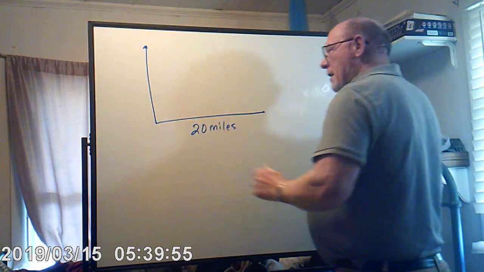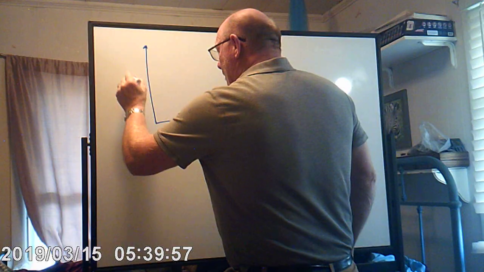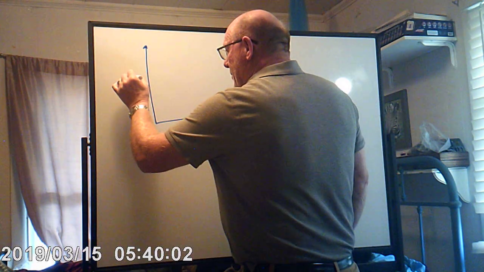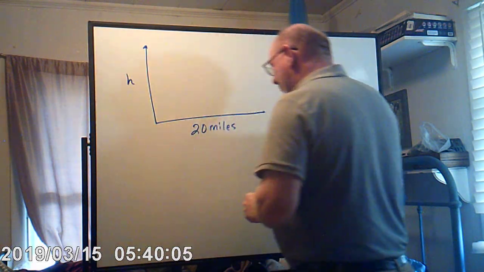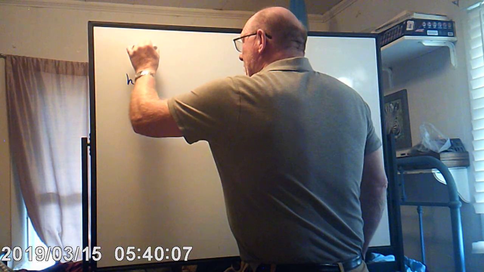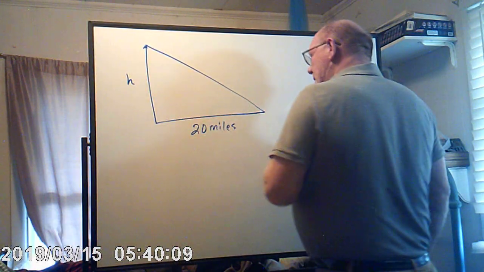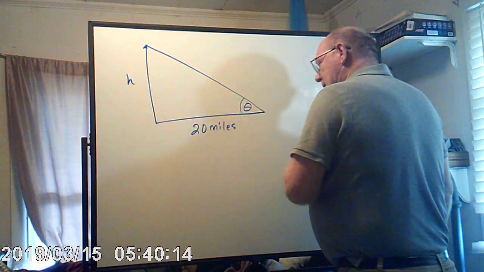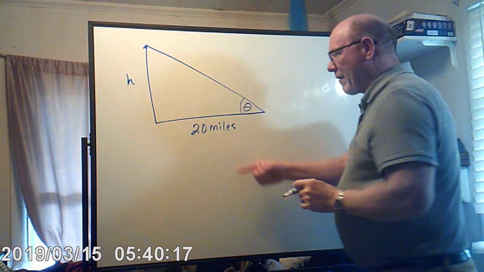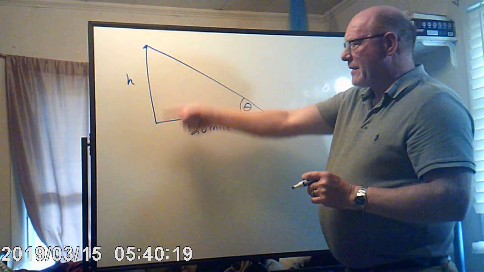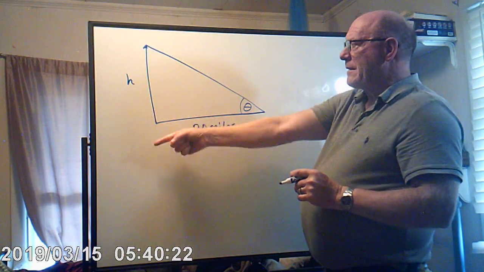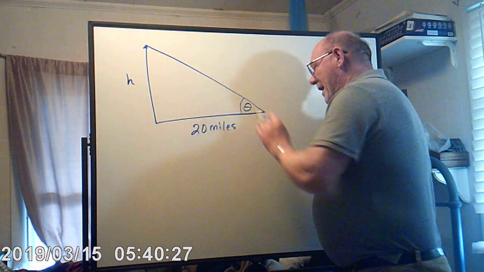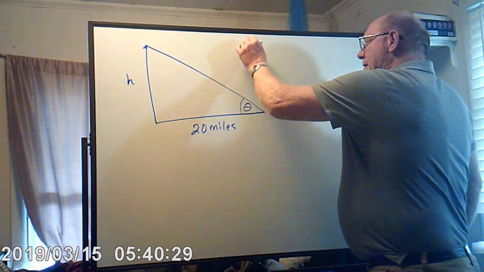And here's the rocket, and I want to say they use the letter H. We could use the letter Y if you want to, but I'm sticking with H. We're going to form a triangle. Theta is here, like this. What we're dealing with is this line of sight. How fast is this increasing? So we're looking at d theta over dt.